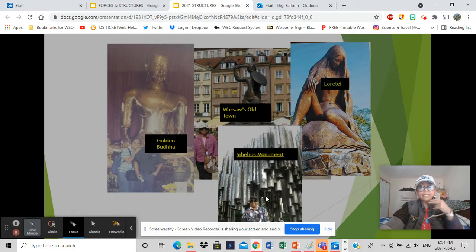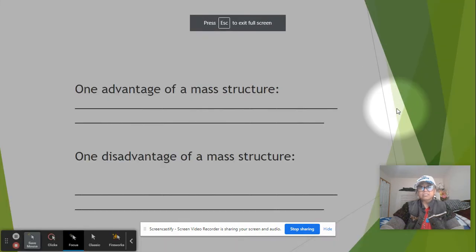When you are inside these long-standing organ pipes, you get to hear the echo of your voice or even the echo of your whisper. And it has quite a melodic ring to it. It's a wonderful experience. Again, these are all examples of mass structures.